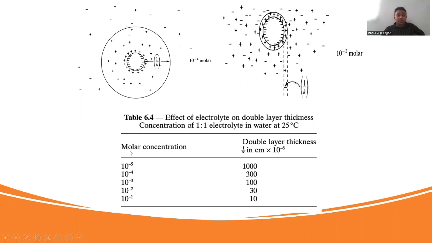So here we are going to add this particular electrolyte. Let's say acids. You can think of this as natural rubber. When we add acids, what will happen to these negative charges? So this is the concentration of the acid.